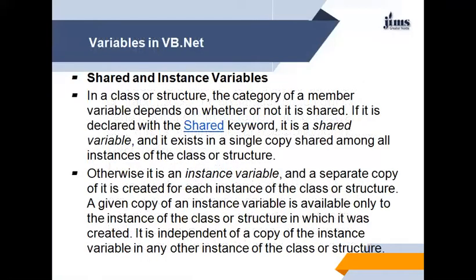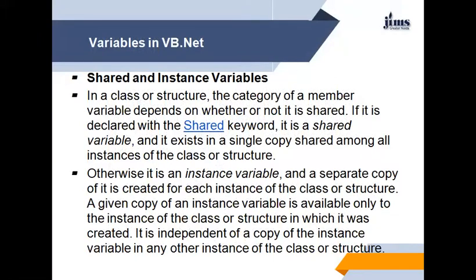Shared and instance variables. In a class or structure, the category of a member variable depends on whether or not it is shared. If it is declared with the Shared keyword, it is a shared variable, and it exists in a single copy shared among all instances of the class or structure.